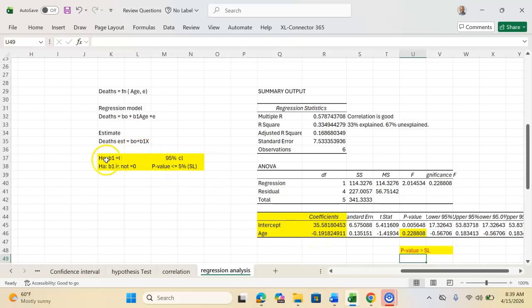If we go back to the hypothesis, it means that there is no slope. Although we have some slope, it is not significant. It's almost 0.